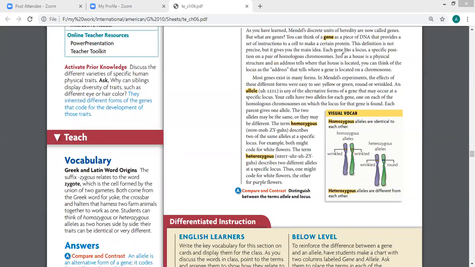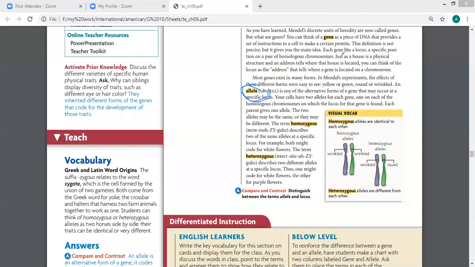So alleles are the different forms or alternative forms of genes, the different possible versions of genes that may occur. Again, what's the meaning of alleles?